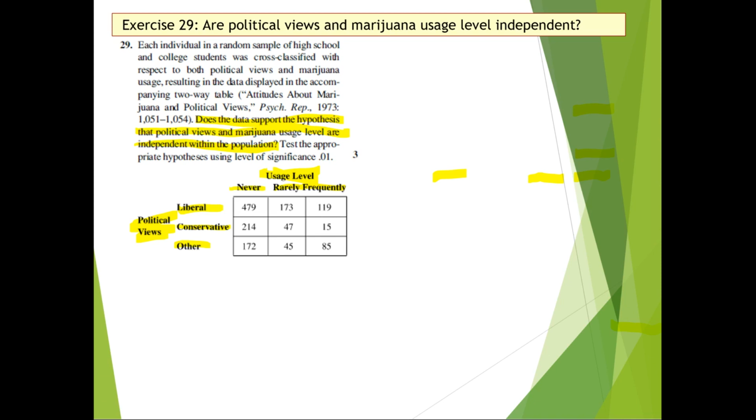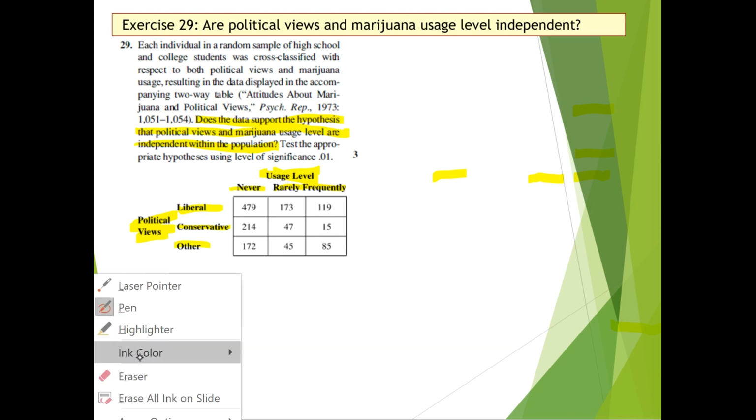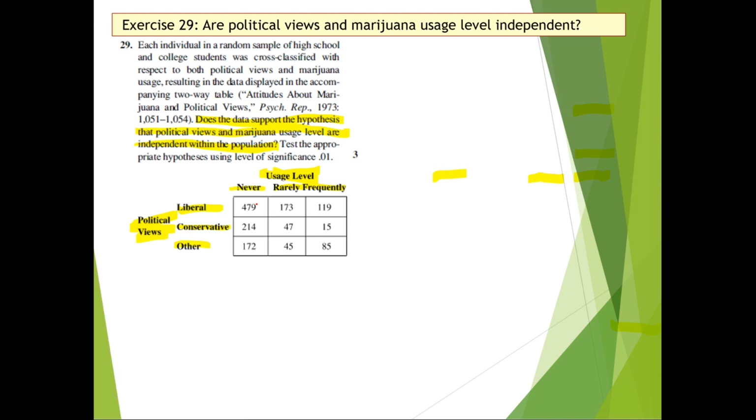Let's say we had data such as this: 47, 17, 11, 21, 4, 1, 17, 4, 8. Then you may find that some of the expected frequencies are not at least 5.